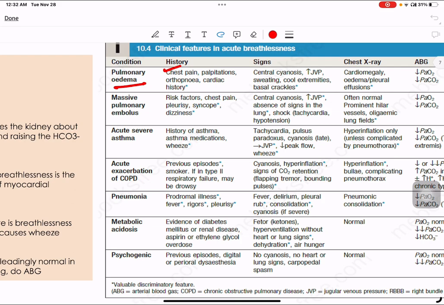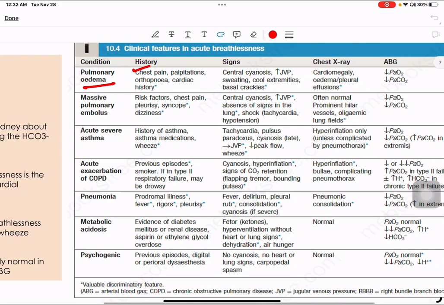The patient may have central cyanosis, raised JVP, increased sweating, cool extremities, and on lung auscultation there will be basal crepitations. On chest X-ray, there will be cardiomegaly, possibly with pleural effusion, and there may be bat's wing appearance, that is opacity radiating from both hila.